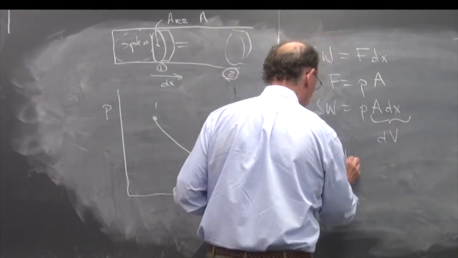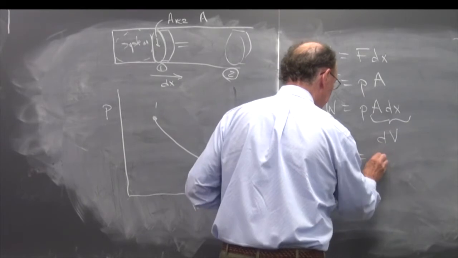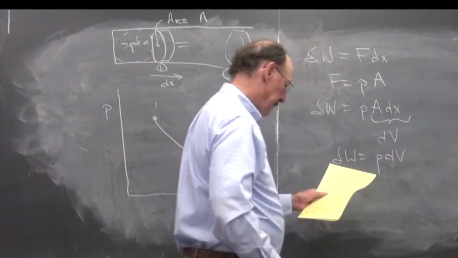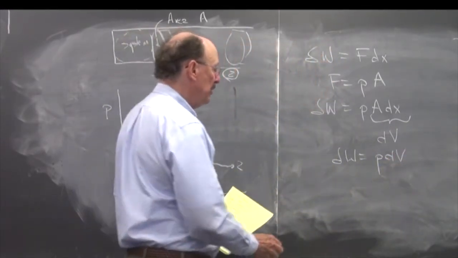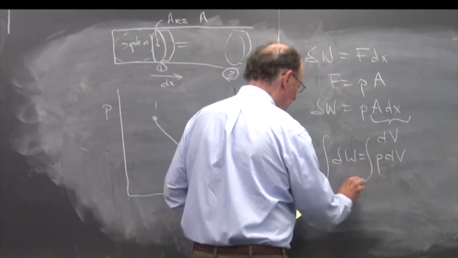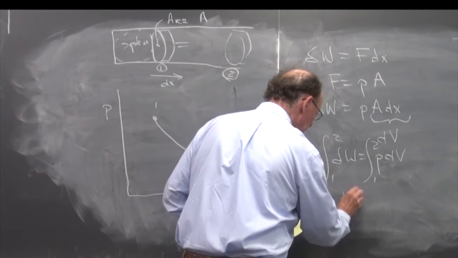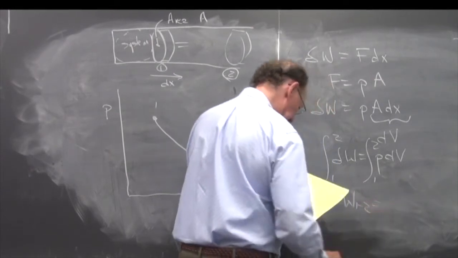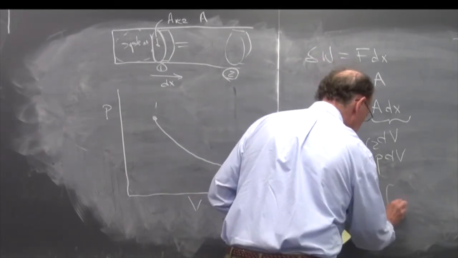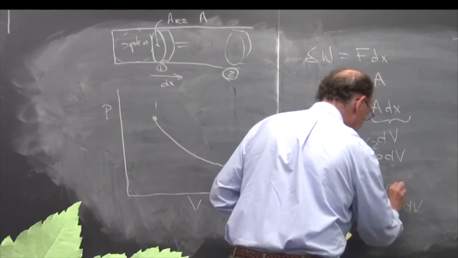So we have that del W is equal to PdV. And I could integrate this from 1 to 2, and I would have W12 is equal to the integral of PdV from 1 to 2.